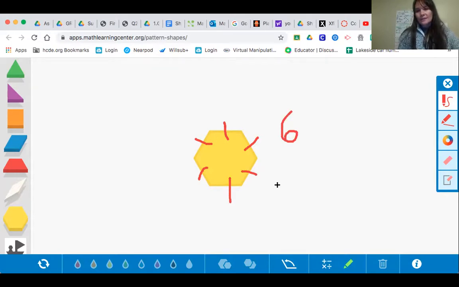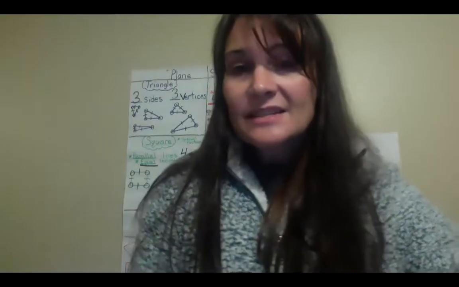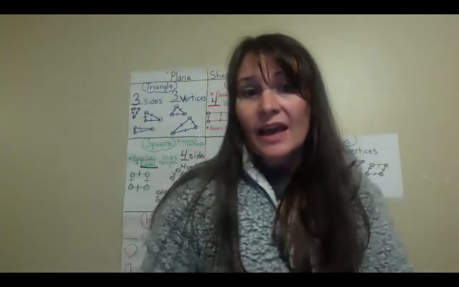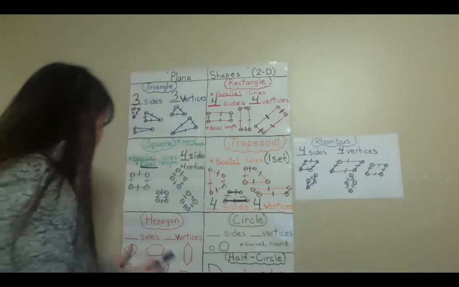How many vertices does it have? 1, 2, 3, 4, 5, and 6. So a hexagon has 6 sides and 6 vertices.